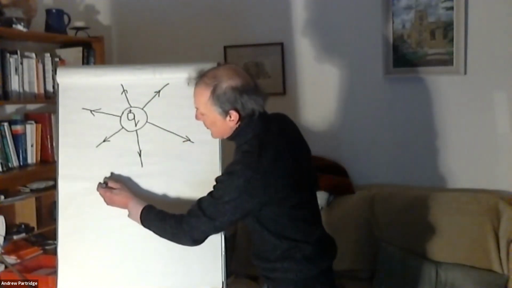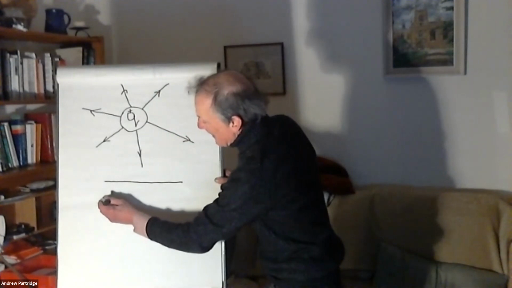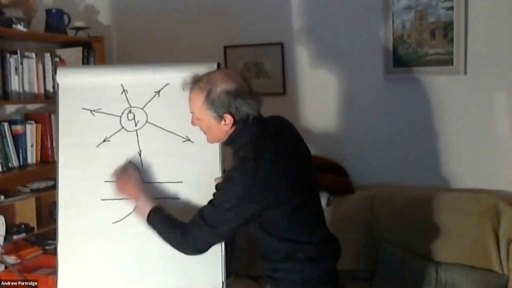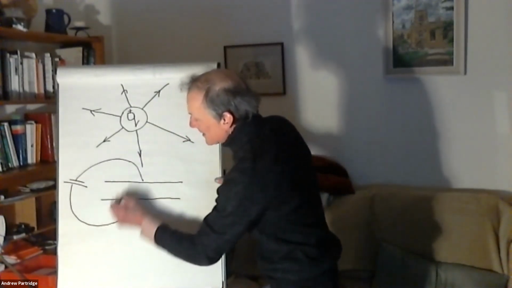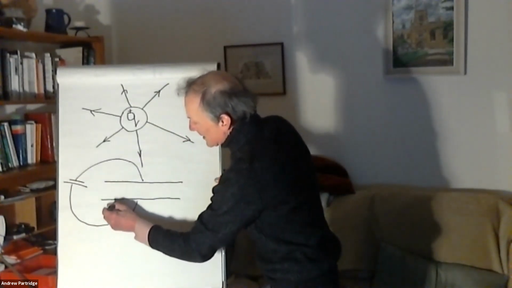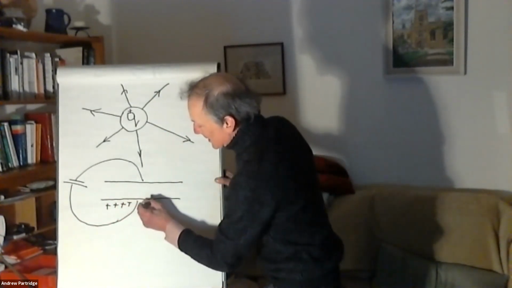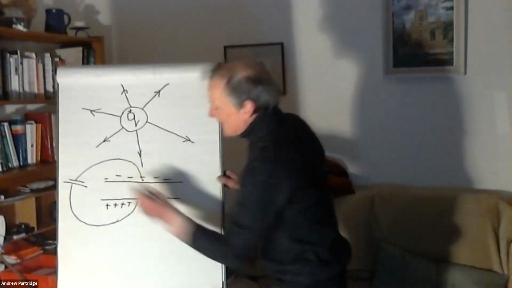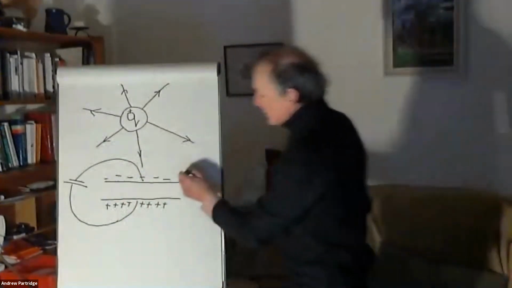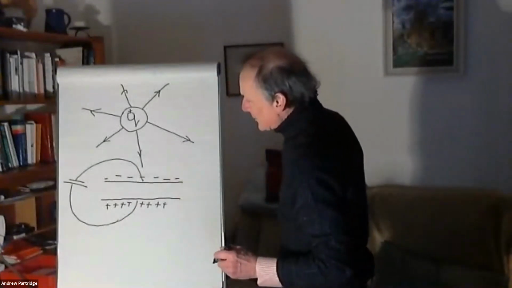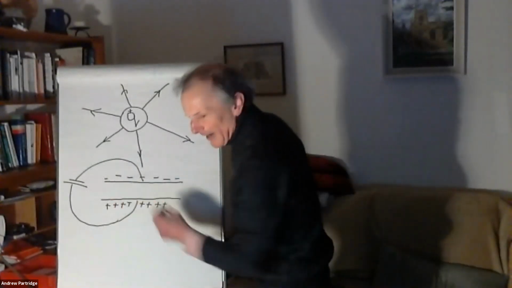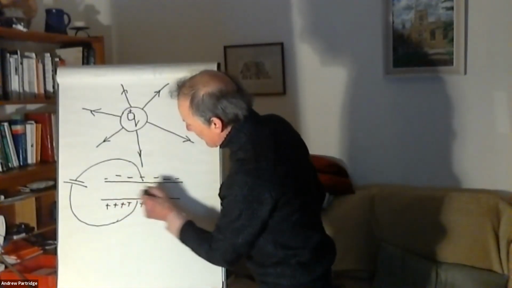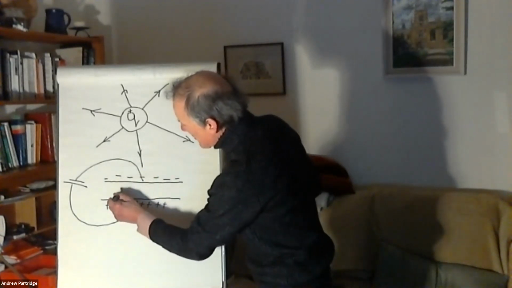For instance, if you use old Volta's batteries to charge up 2 plates like this, so you've got a battery around here, and you've shoved positive charges on this side and negative charges here, the electric field between the two, you could more or less work out by just thinking: it can't really wobble about all over the place, because why should one bit be any different from another bit?